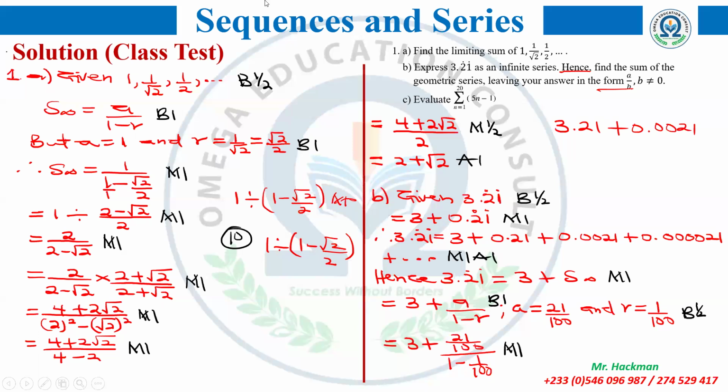No, immediately is M0. Everything under will be 0. So M0, A0. That's how you mark. Immediately this method is M0, you know that the next method will rely on this. So if this method is wrong, automatically the rest must be wrong. You get it? It means mathematically you are wrong.